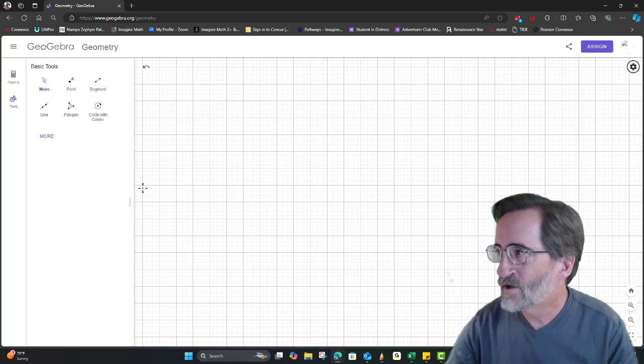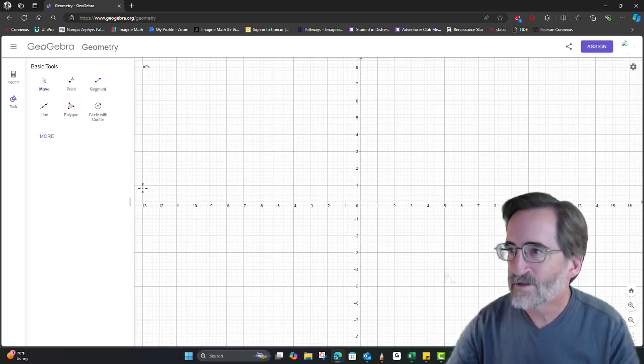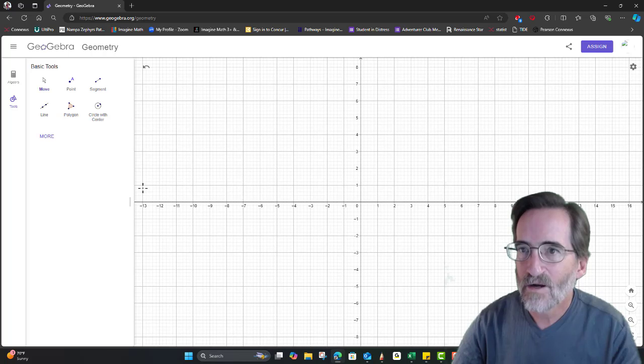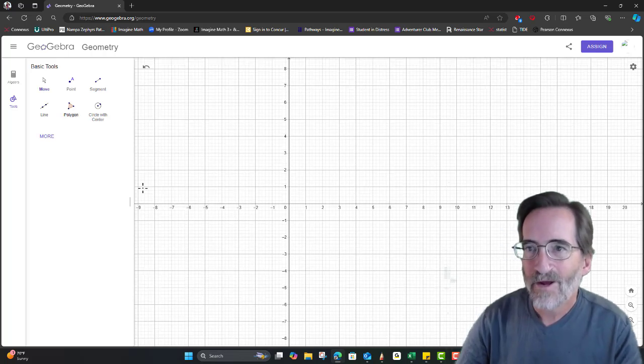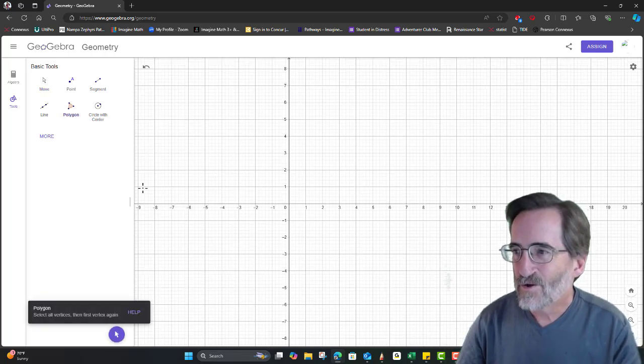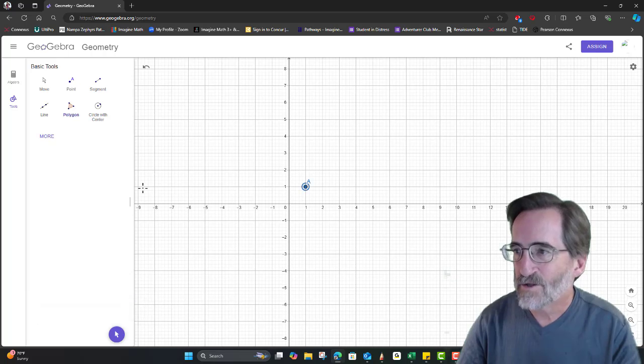Major and minor grid lines, axes. There we go. Now it's behaving right. All right. So I'm going to draw a polygon with the polygon tool. And we're going to transform it.